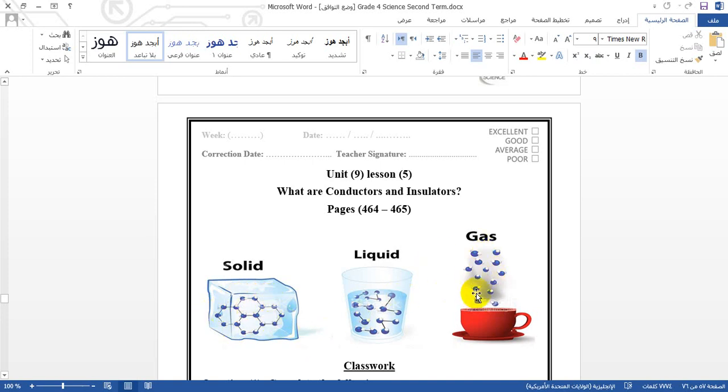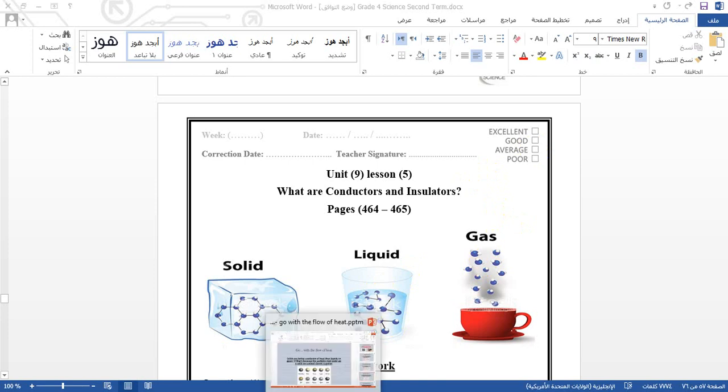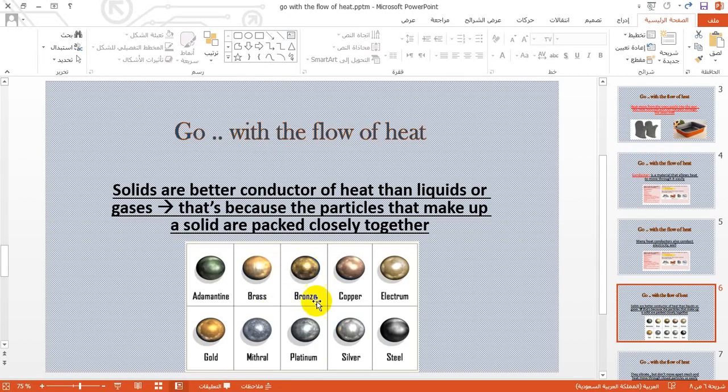The heat will not move between them easily, because the particles are far apart from each other. That's why the particles of a solid are a much better conductor of heat than liquids or gases, because the particles of the solid are close to each other.